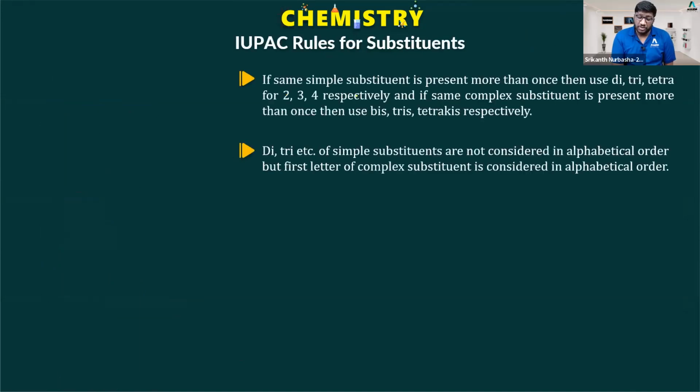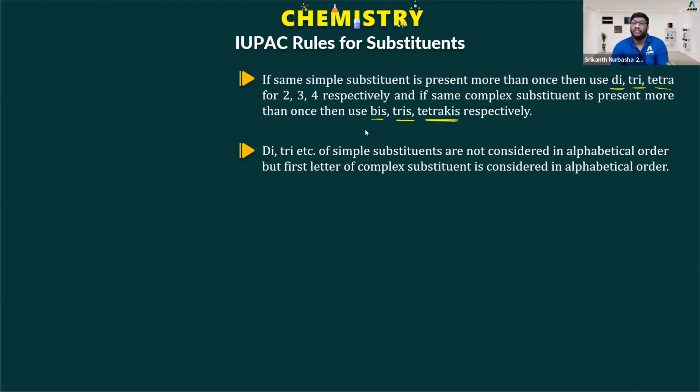Next, if the same simple substituent is present more than once, then we use the prefixes like di, tri, tetra. They have to be used before the substituent name. And if the same complex substituent is present more than once, then you are going to use bis, tris, tetrakis. If you remember, the same we use while naming complex compounds also.